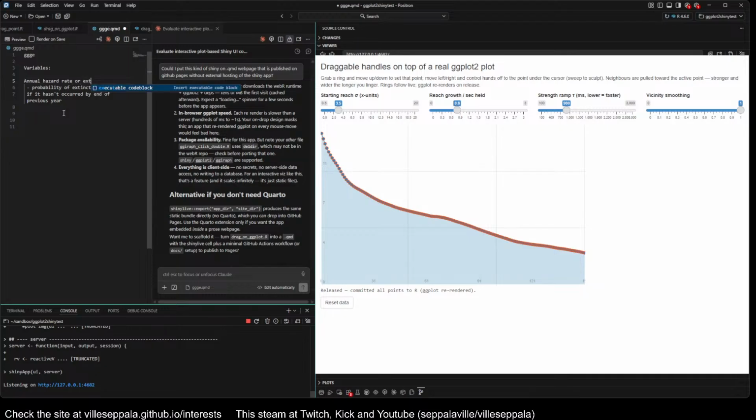We could also go to annual extinction probability. And then it would be extinction probability.